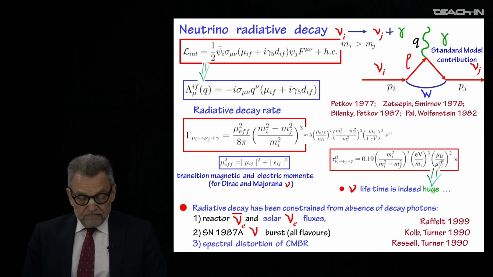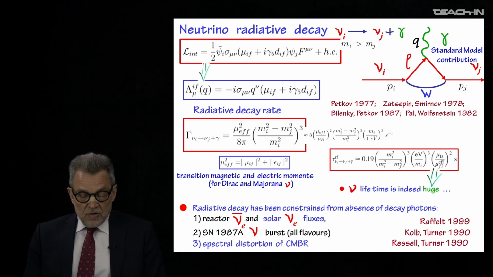However, this process can be applied to different situations that can be found in astrophysics, and this radiative decay can be constrained, and consequently we can in such a way have limits or bounds on the effective magnetic moments of neutrinos from different observations. For instance, not only in astrophysics, it is possible also to consider the reactor antineutrino fluxes and the solar fluxes.